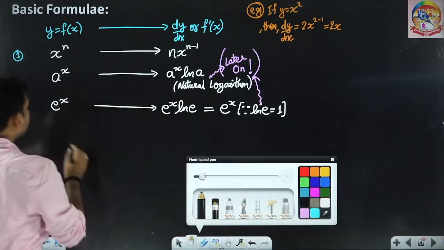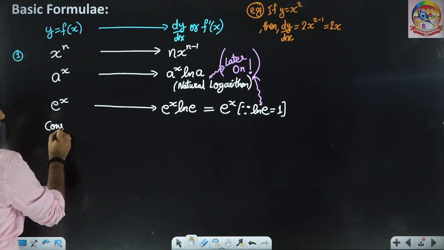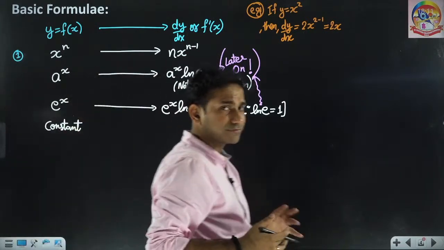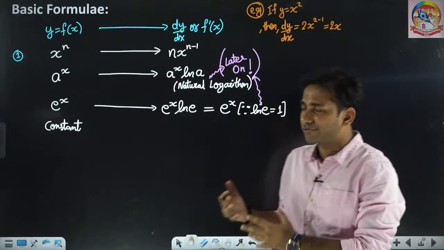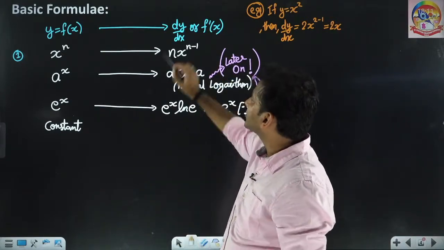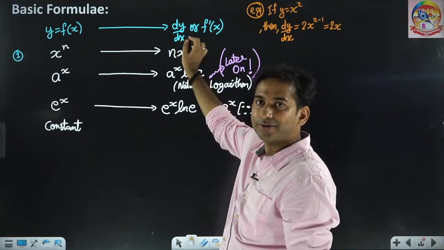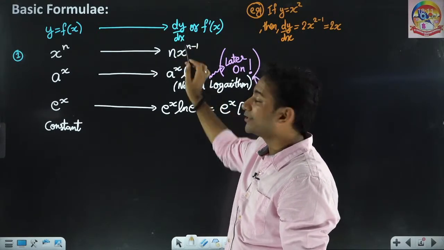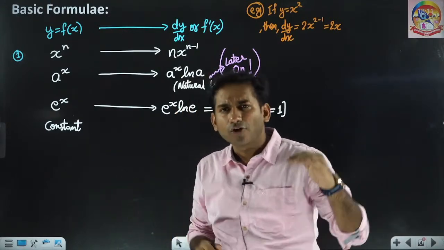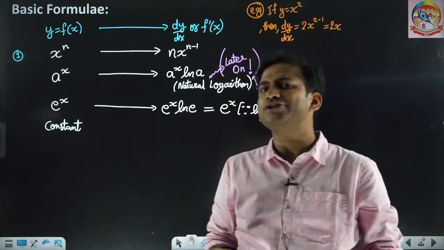Fine. If you have a constant, what is the meaning of differentiation, sir? What we have been learning for the last 35-40 minutes is the meaning of differentiation. Differentiation refers to the change of the numerator with respect to the denominator. Now a constant is something that doesn't change.